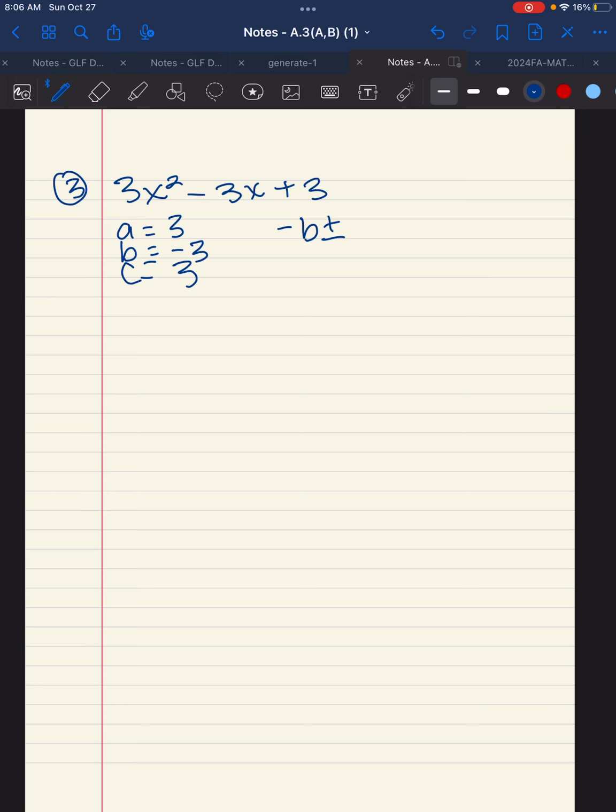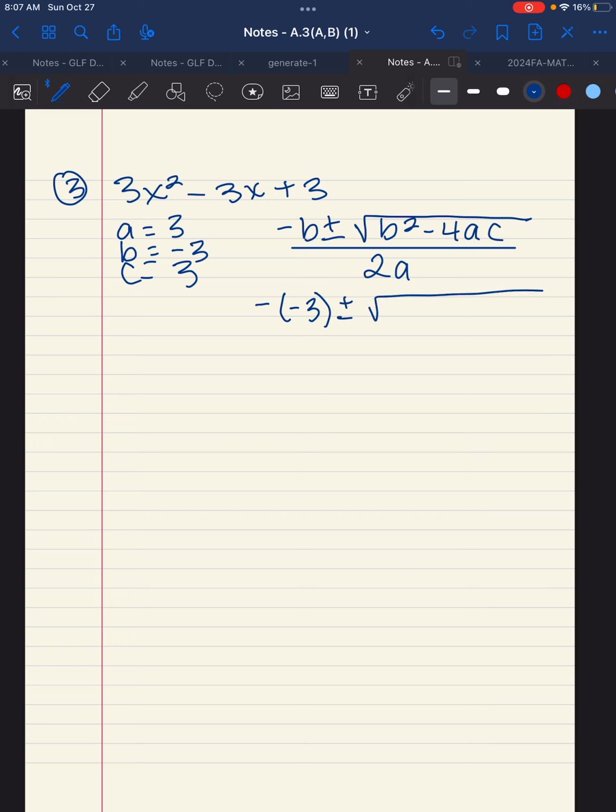Very good. Negative B. Negative B is negative 3 plus or minus the square root of b squared. B is negative 3 squared minus 4 times a, which is 3, times c, which is 3, all over 2 times a, which is 3.